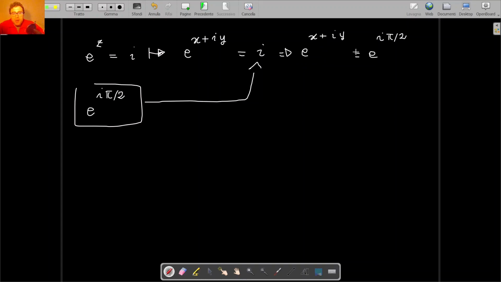Then we convert this number in its trigonometric form.